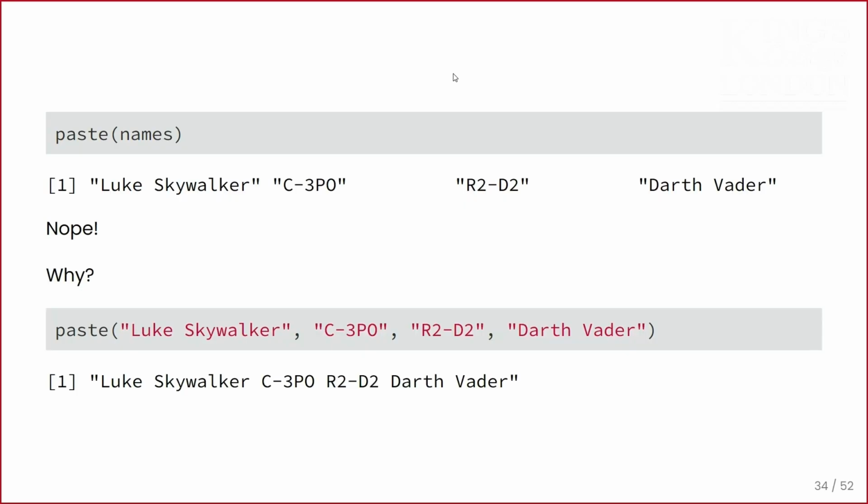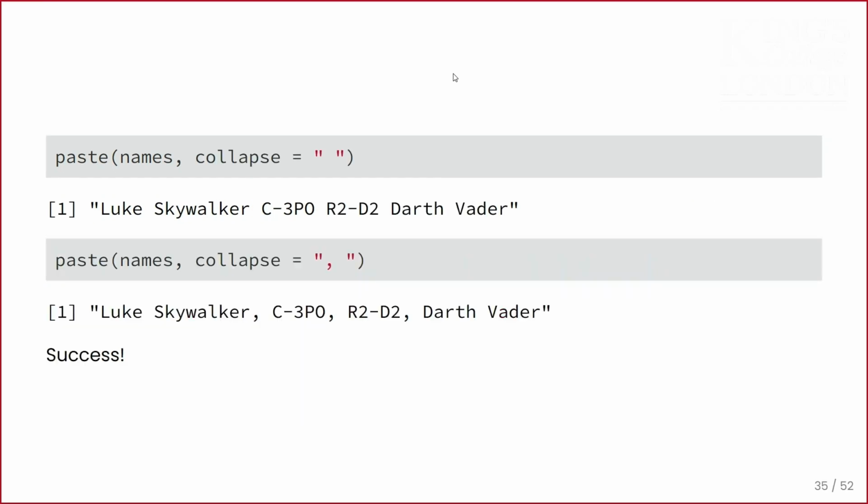Why? Well, because paste is designed so that you specify each individual string as a separate argument, and then it'll very happily stick them together for you. But don't pass it a vector. You can use the collapse argument. If you use the collapse argument, you can then specify just exactly what it is that you want to use to stick those individual strings together.